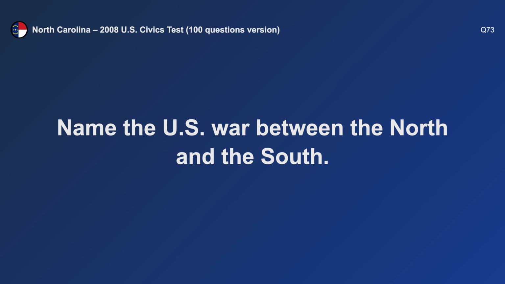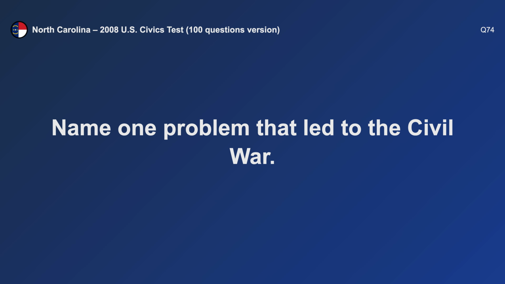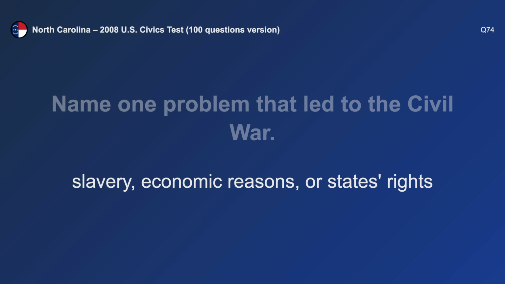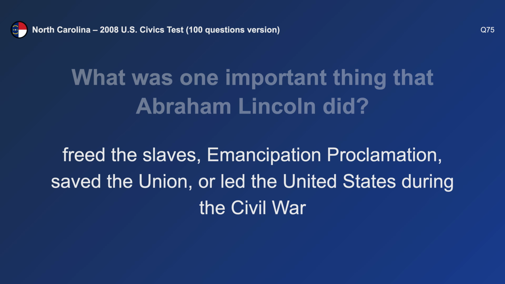Name the U.S. war between the North and the South. The Civil War. Name one problem that led to the Civil War. Slavery. What was one important thing that Abraham Lincoln did? Freed the slaves.